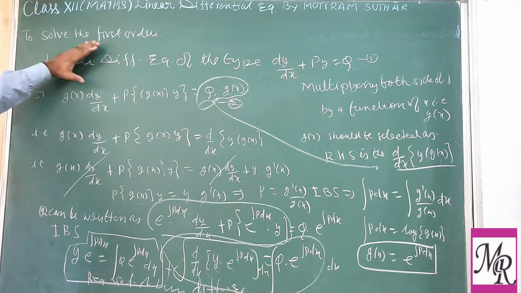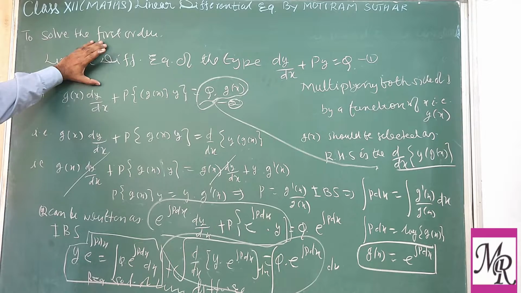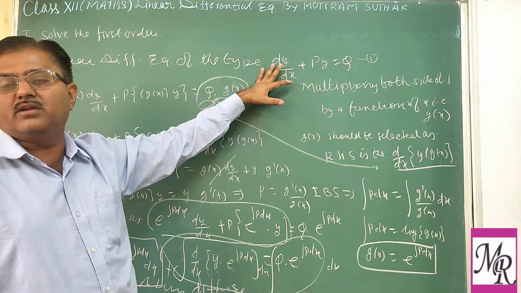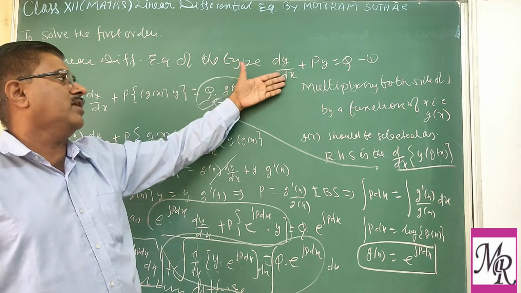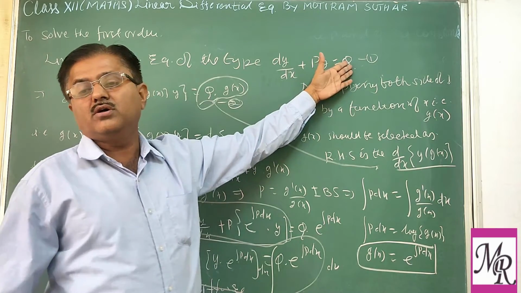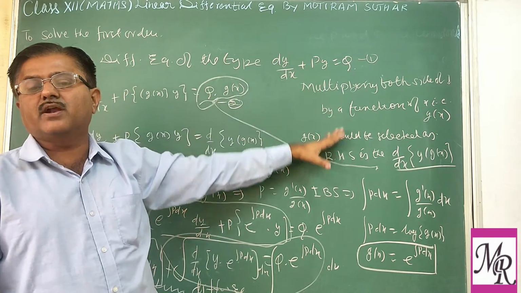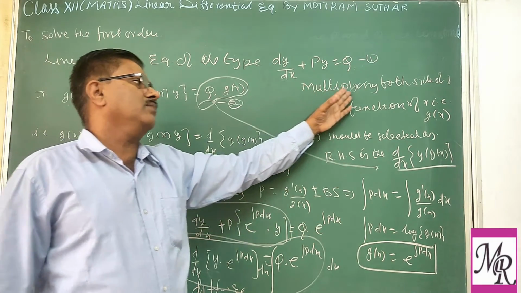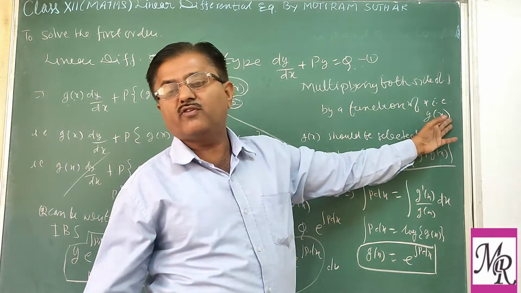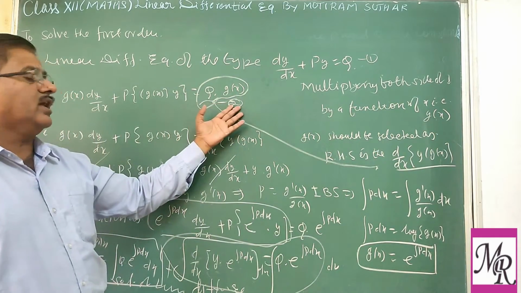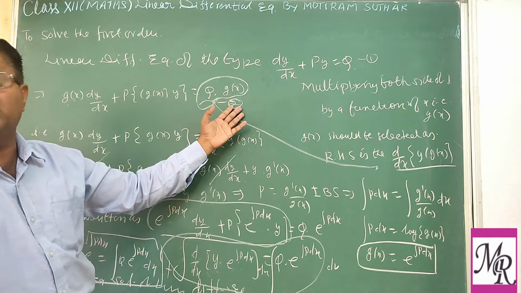So to review, we tried to find the solution of the first type of linear differential equation, dy by dx plus py equal to q. To find the solution, we use the general method. We multiply both sides by a function g(x), so we get the second equation, multiplying the first one by g(x).